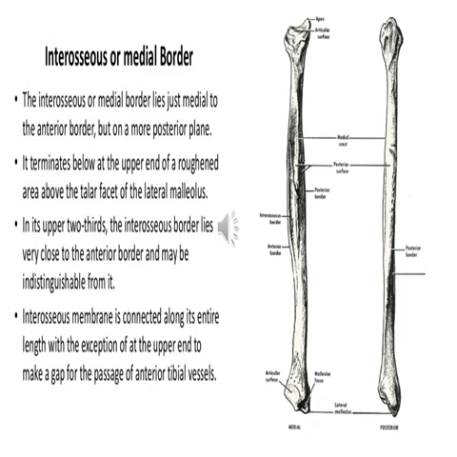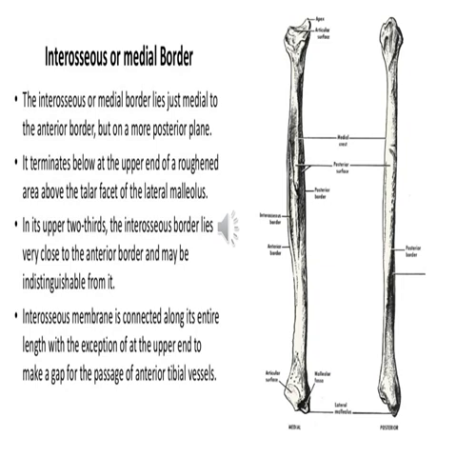In its upper two-thirds, the interosseous border lies very close to the anterior border and may be indistinguishable from it. So it is just medial to the anterior border, and it terminates below at the upper end of a triangular area above the talar facet of the lateral malleolus.